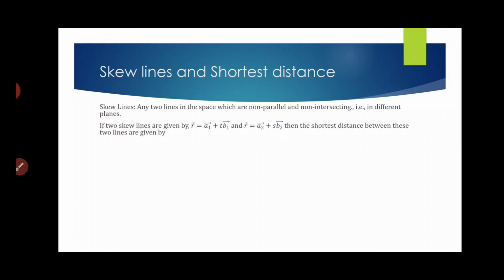But whenever I have two skew lines, I will make use of the word shortest distance, because as they are not intersecting or they are not parallel, at different places the distance between the two lines is going to be different. But of all the different distances, we need to find out what is the shortest distance.